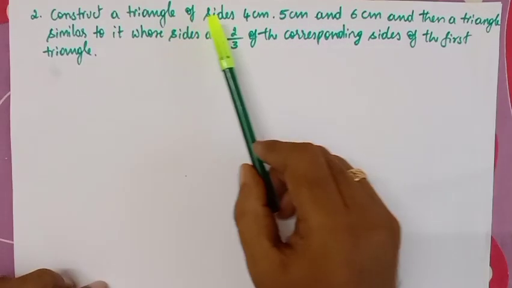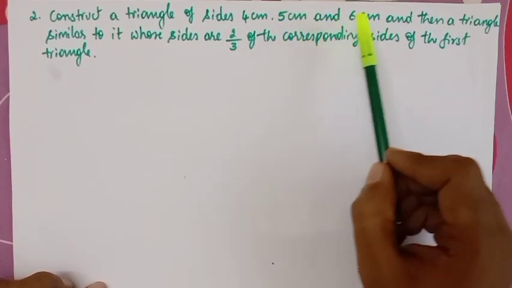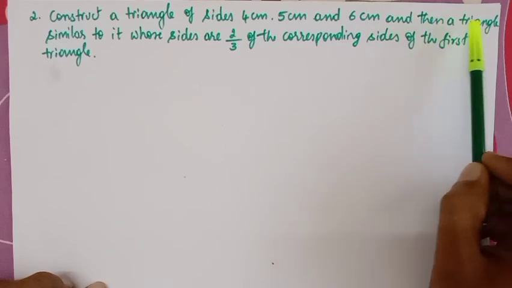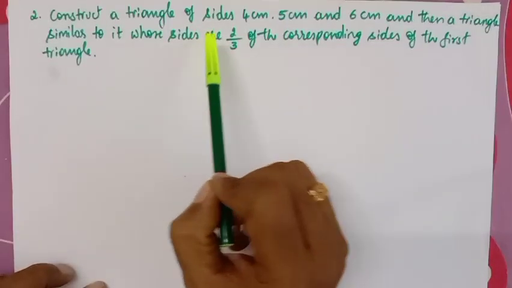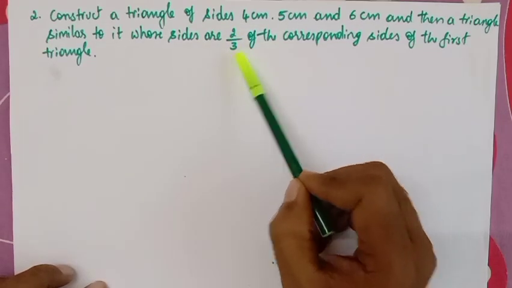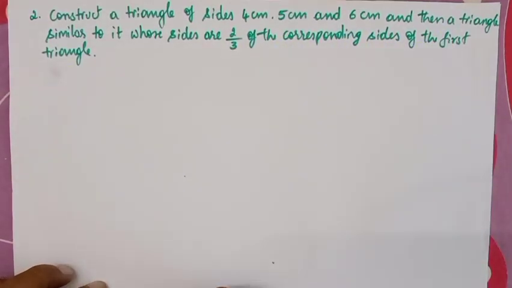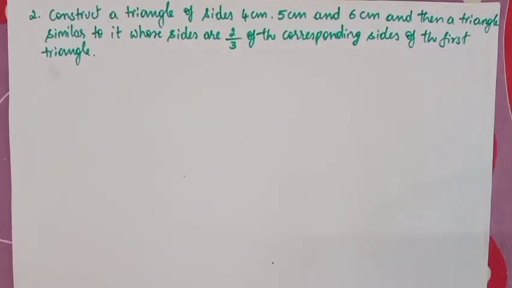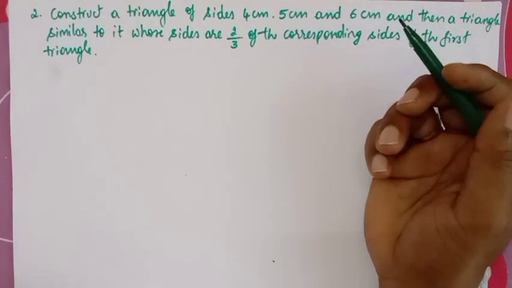Construct a triangle of sides 4 centimeter, 5 centimeter and 6 centimeter, and then a triangle similar to it whose sides are 2 by 3 of the corresponding sides of the first triangle. Let us first construct a triangle of sides 4 centimeter, 5 centimeter and 6 centimeter.